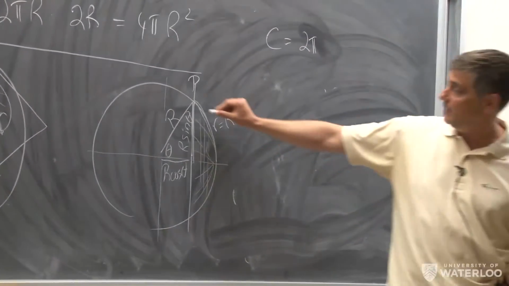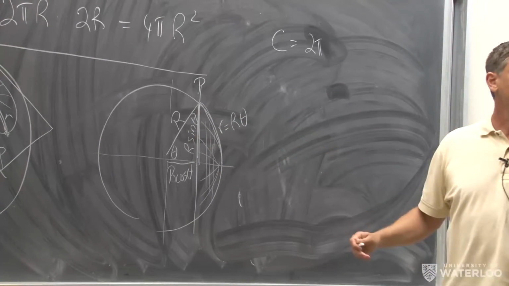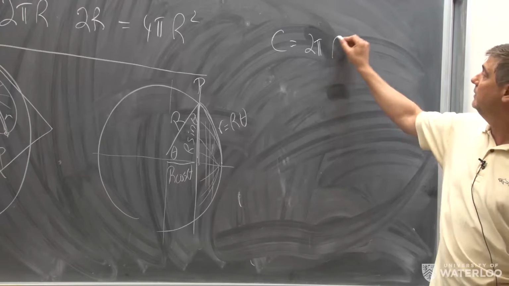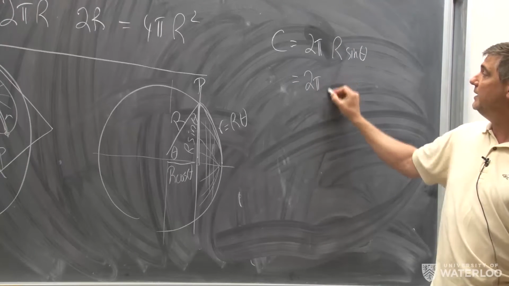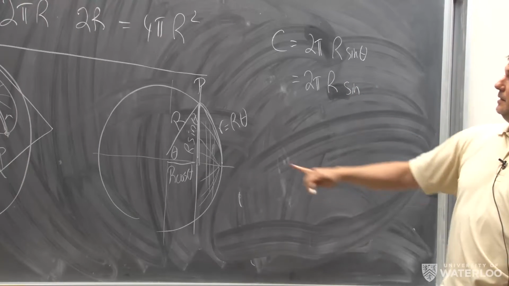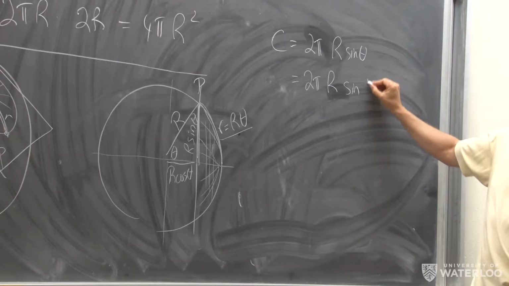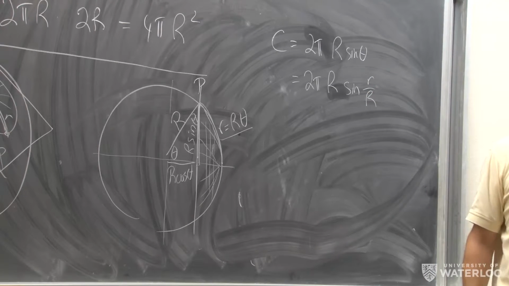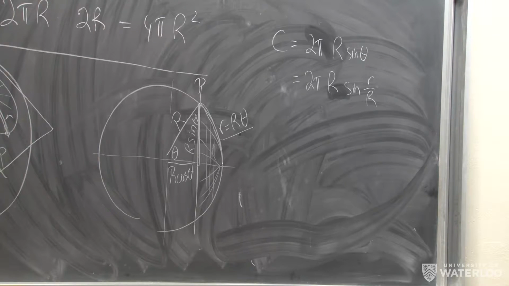The radius in that plane is capital R sine theta. So the circumference of that curved spherical circle is 2 pi R sine theta. Or I can write it as 2 pi capital R, and then theta I can solve from this equation. Theta is little radius over big radius. So that gives us a formula for the circumference of a spherical circle.